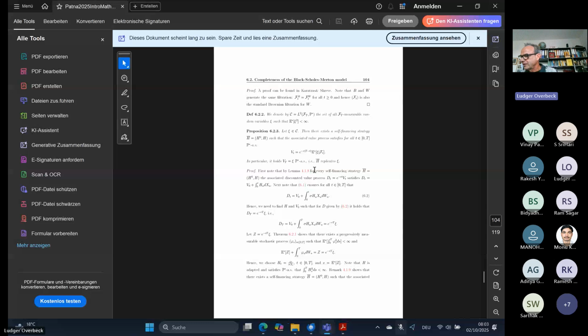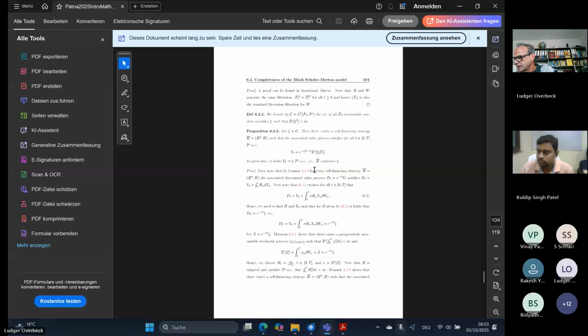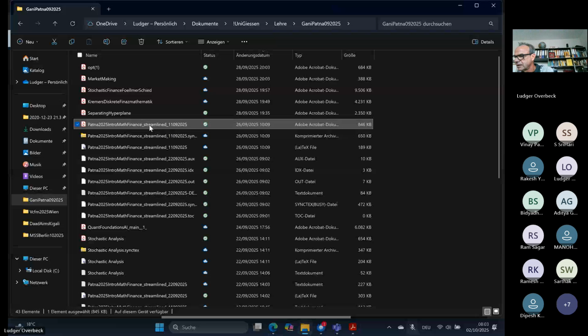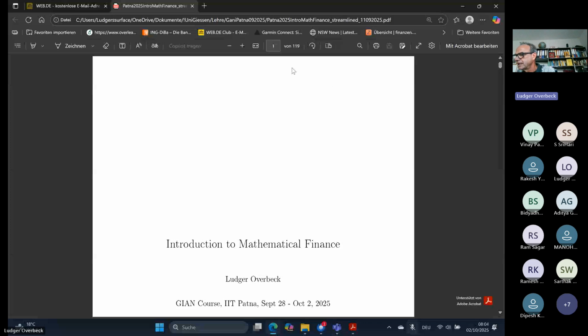So now we are going forward with the derivation of the Black-Scholes formula. That's more or less the introduction to finance, to the Black-Scholes formula.